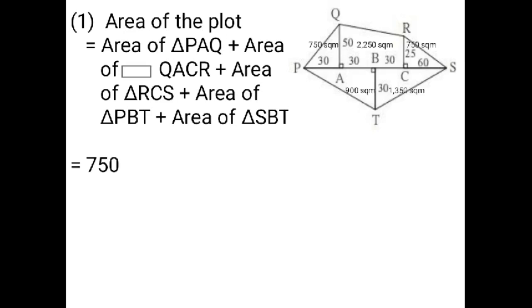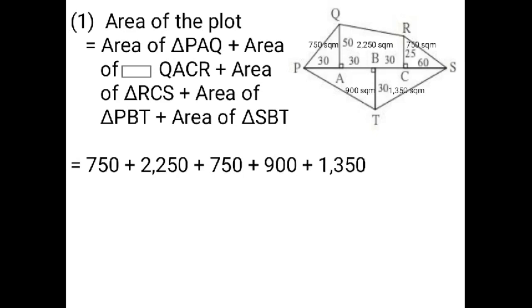That is equal to area of triangle PAQ is 750 square meter plus area of quadrilateral QACR is 2250 square meter plus area of triangle RCS is 750 square meter plus area of triangle PBT is 900 square meter plus area of triangle SBT is 1350 square meter.